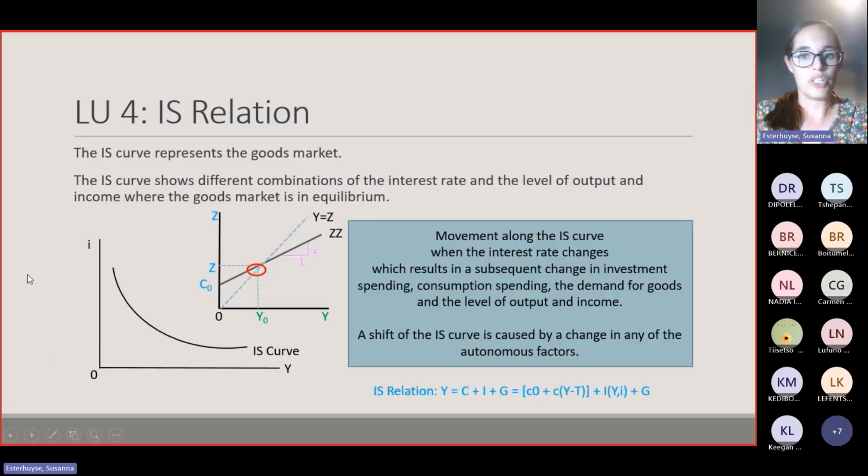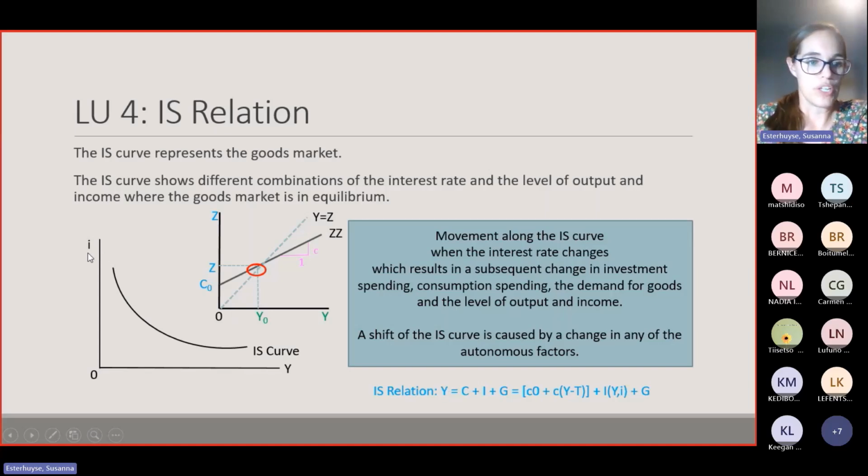Okay, then we get a movement along the IS curve when the interest rate changes. So for example, if you consider your IS relation, you can see this is the expanded relation of all the components that make up your demand for goods. So then when the interest rate changes, there will be a change in investment, and the subsequent change in investment will result in a change in consumption spending, which will change your demand for goods and the level of output and income.